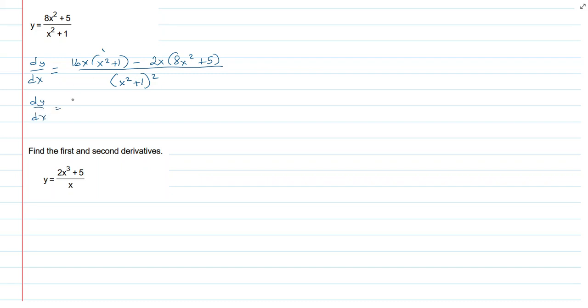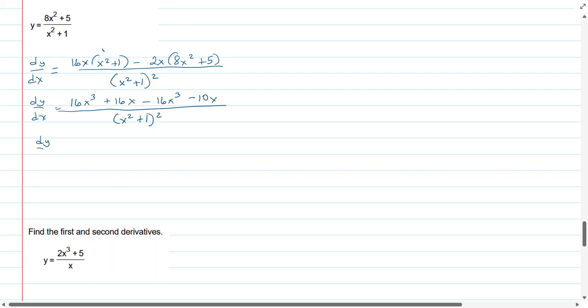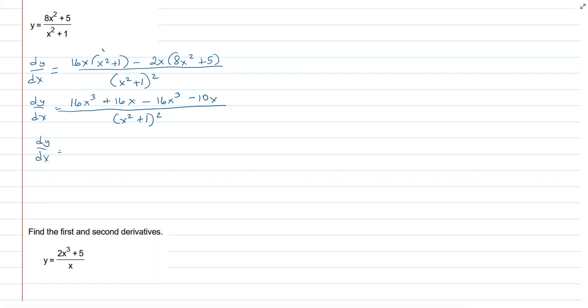It is going to be 16x to the third plus 16x, a distributive property, minus 16x to the third minus 10x, all over the bottom squared. So we notice the 16x cubes are additive inverses, and then we have common values of 6x over (x squared plus 1) squared.